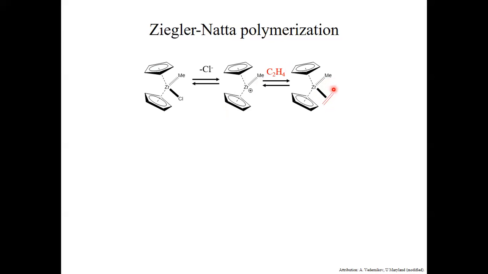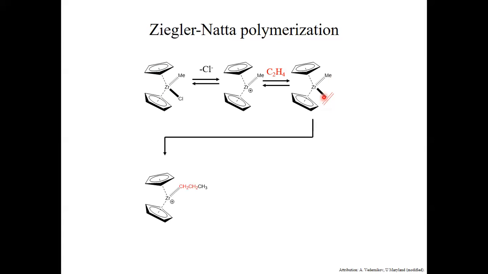So now what you see here again is that you have an unsaturated molecule next to an anionic ligand, which in this case is a methyl group, and that gives rise to the possibility of a migratory insertion.